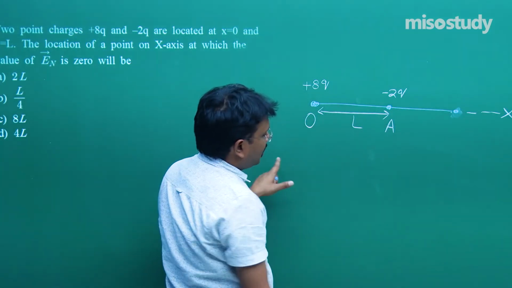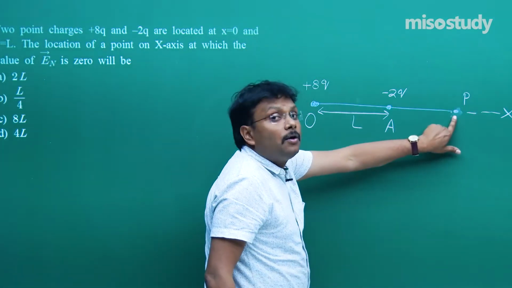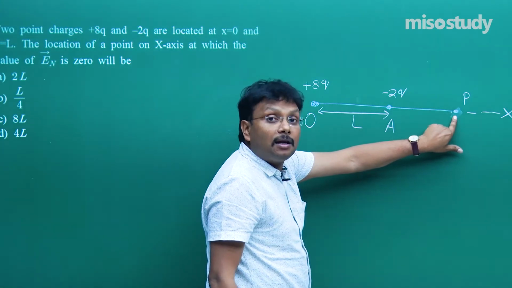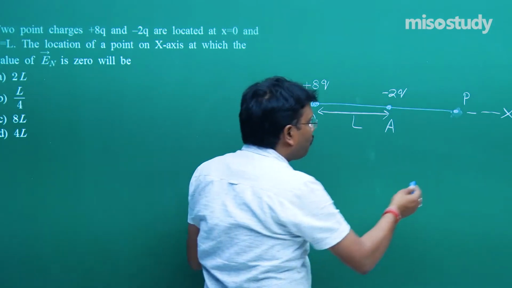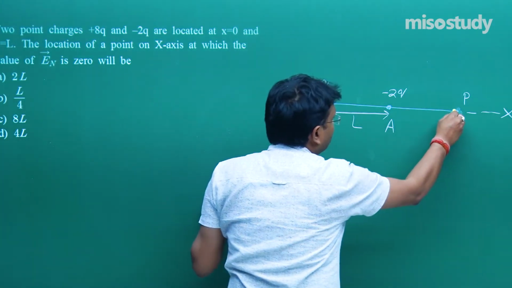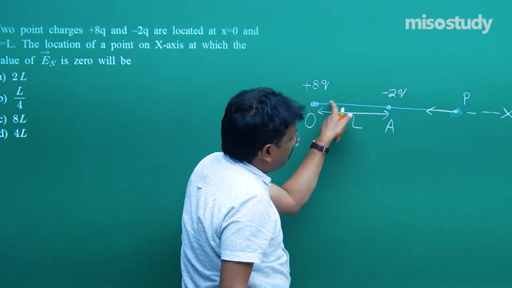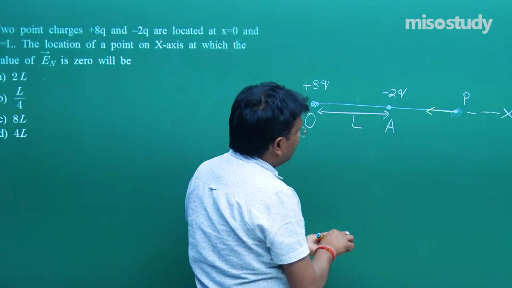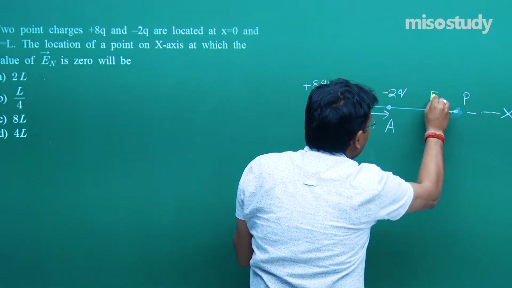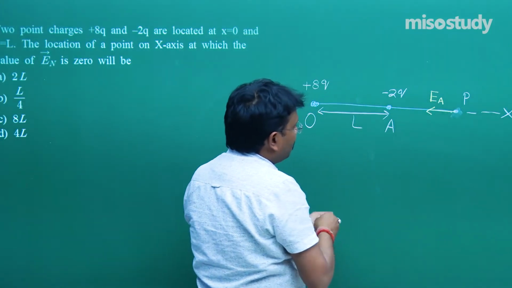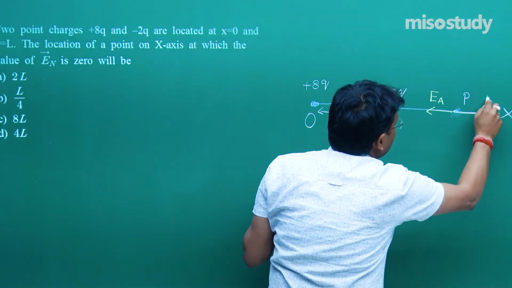From here, let us say this is a point P, where we are saying that net electric field is 0. Why? Because for this negative charge the field lines are going to be like this, and for the positive charge the field line, let me give it a name, let us say this is EA. And for this, let us say this is EO.